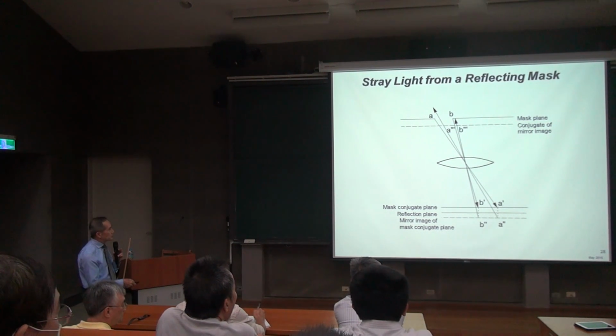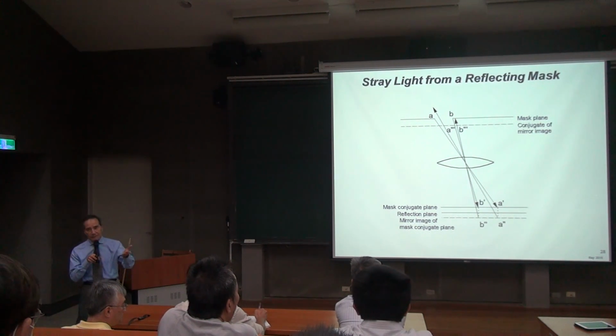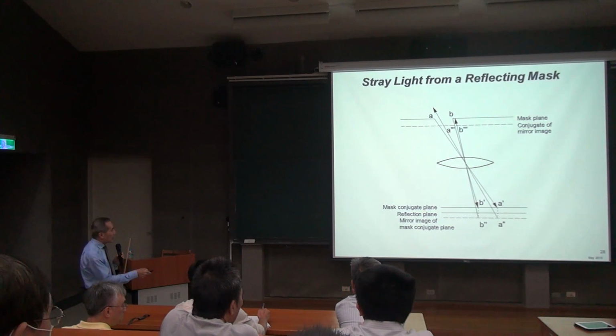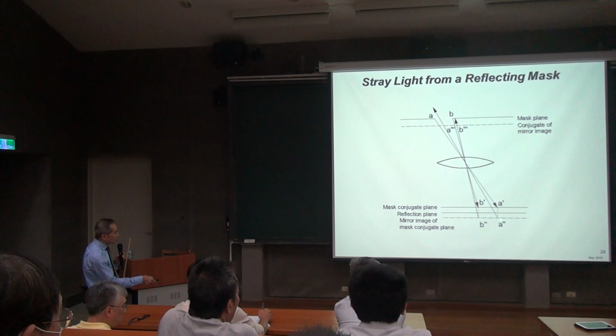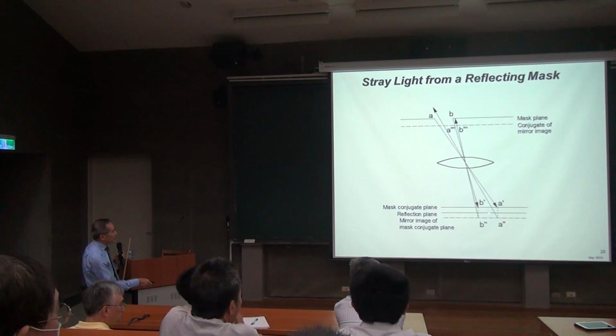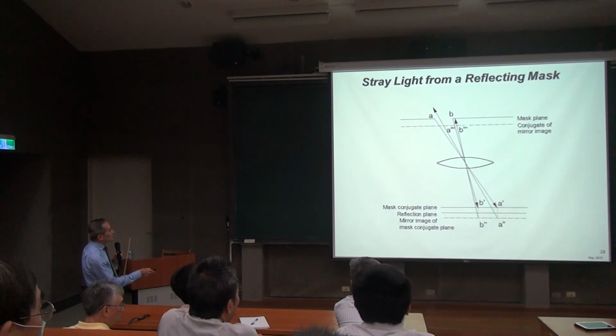The problem comes from the reflecting plane, which let's say is silicon, the wafer. Now your image on top will be a mirror image at the bottom, vertical. And then this will reflect back, and when you form the image, it images back to A triple prime here and B triple prime there.